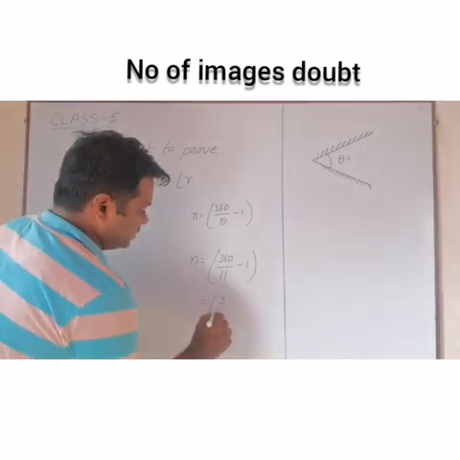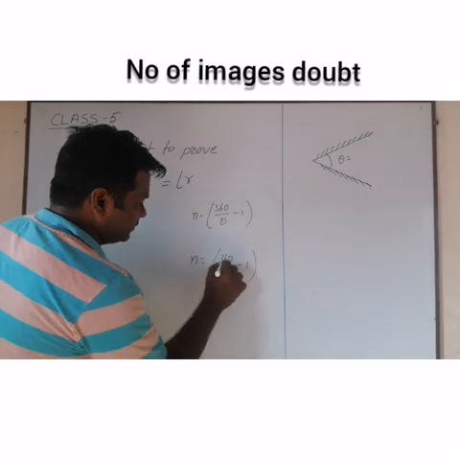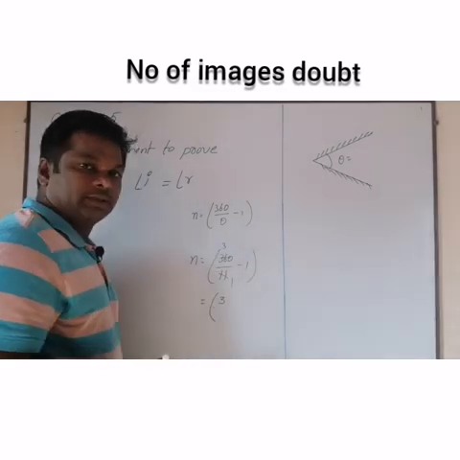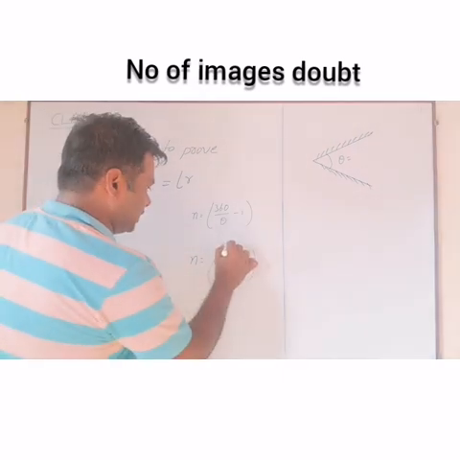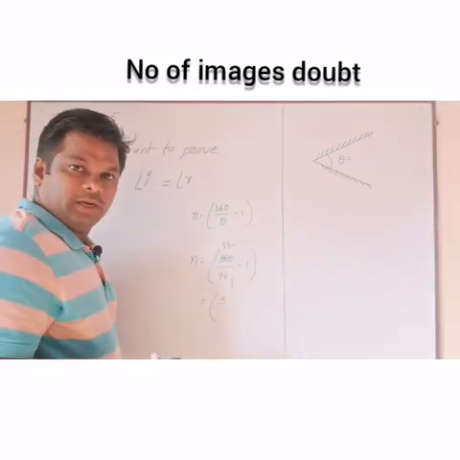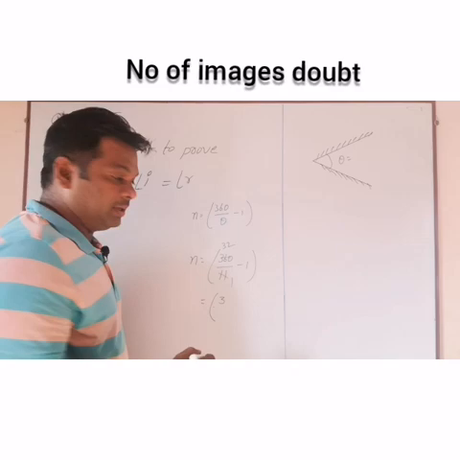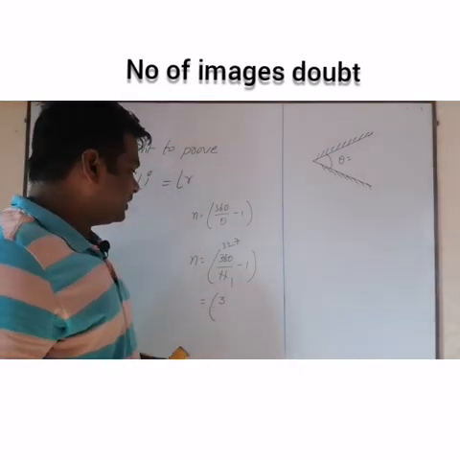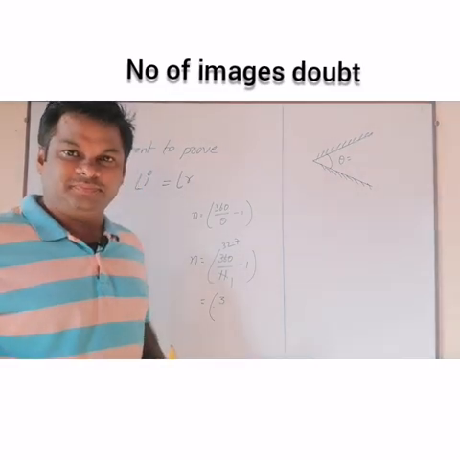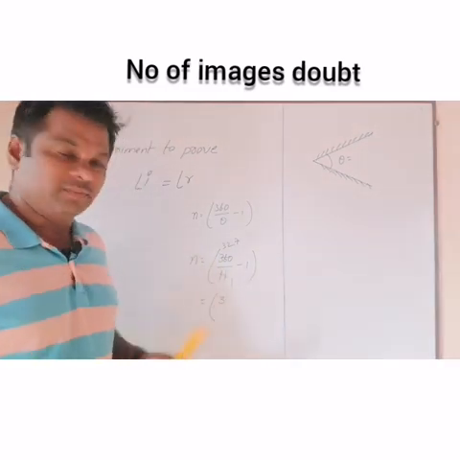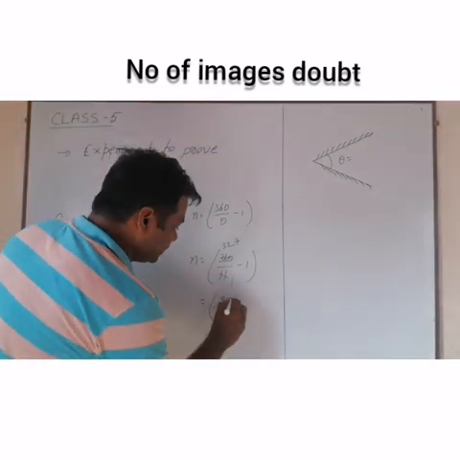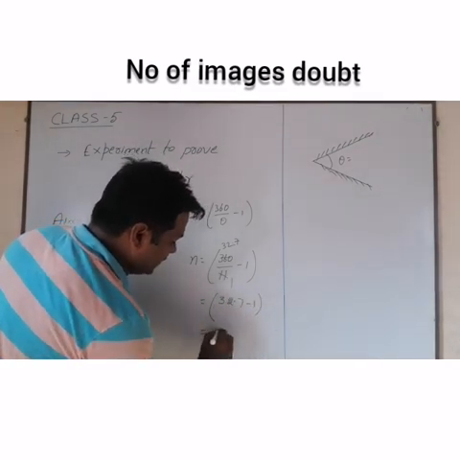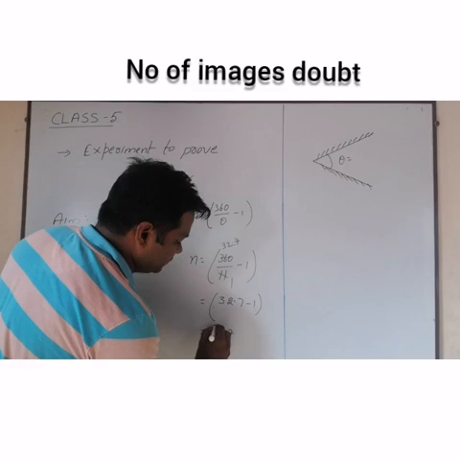Some 3, because 11 threes are 33, and one more 3 will give 11 twos are 22, and 8 you will get, and then 0.7. Some 32.7 you will get here. More than that also you will get, but 32.7 minus 1, you will get 31.7.